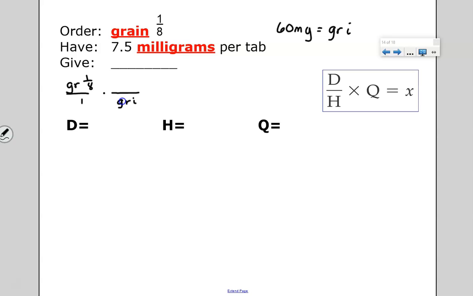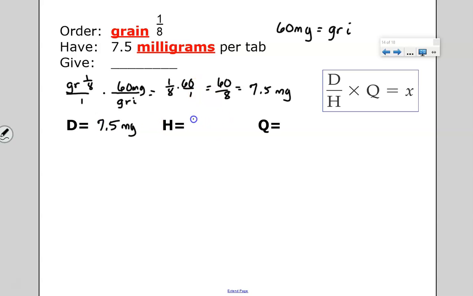So I put my grain on the bottom. I'll put my 60 milligrams on the top. So I have 1/8 times 60 to work out, which would be 60 divided by 8. And 60 divided by 8 would give me 7.5 milligrams. So the dose is 7.5 milligrams.